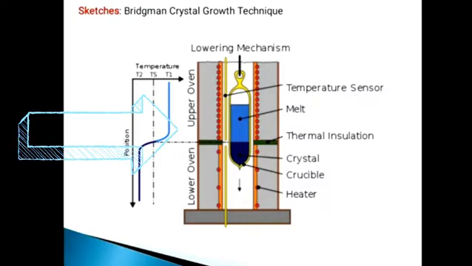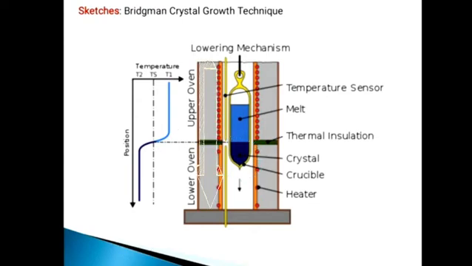Then the cylinder is tapered conically with a bottom point. The container is then moved slowly from the hot zone into the cold zone, very slowly, about 1 to 30 mm per hour. This action causes crystallization to occur at the tip and continue until a nucleus is formed.